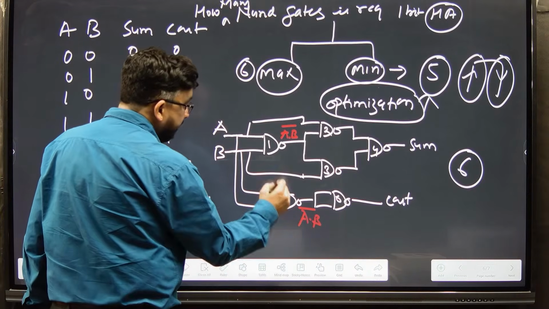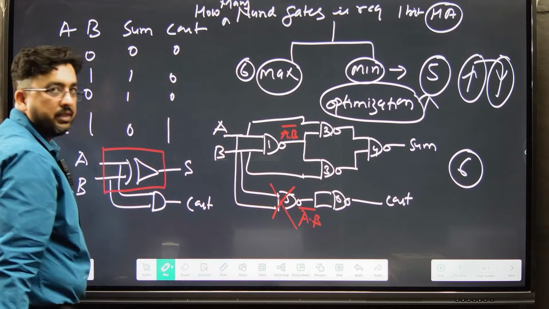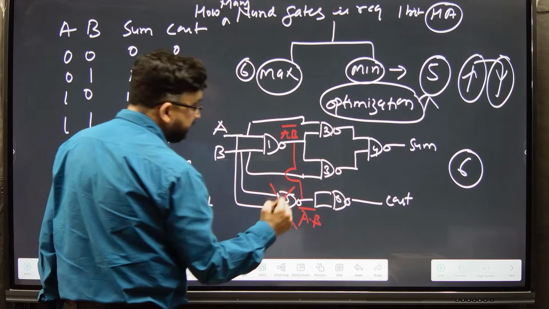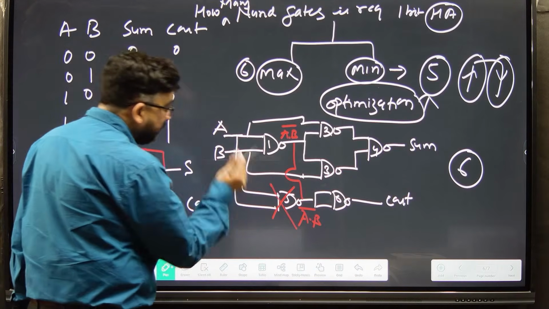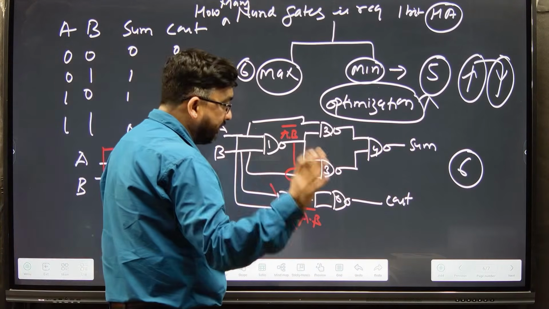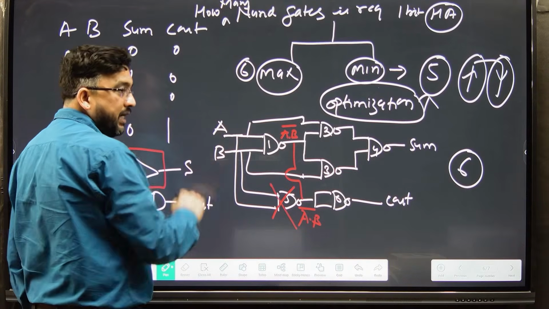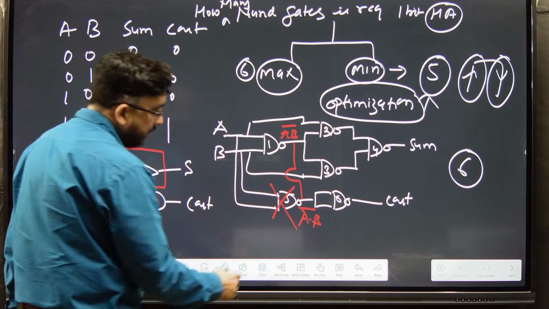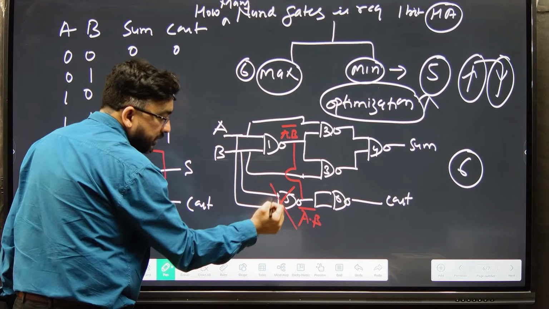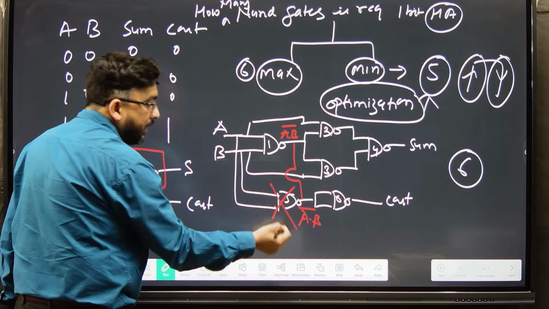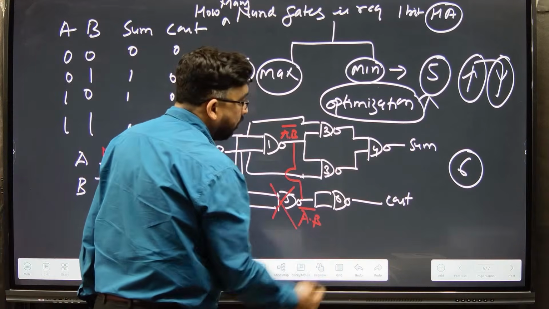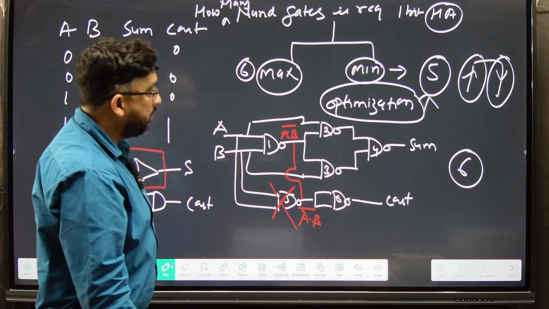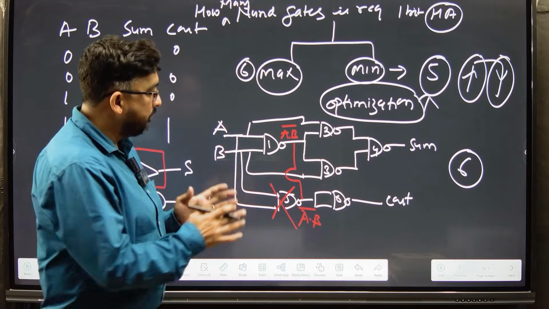So if I disconnect and remove this, and take the output from here to here, now I have only 5 gates. So the maximum number of gates is 6, and the minimum is 5. If we remove this particular gate, what will my output be? Now let me help you with the demo.